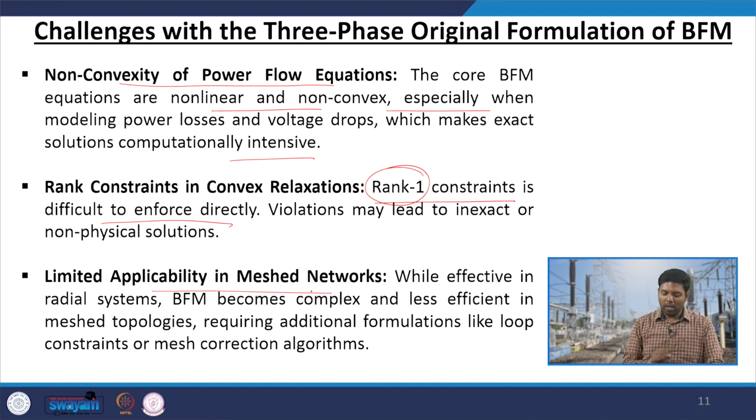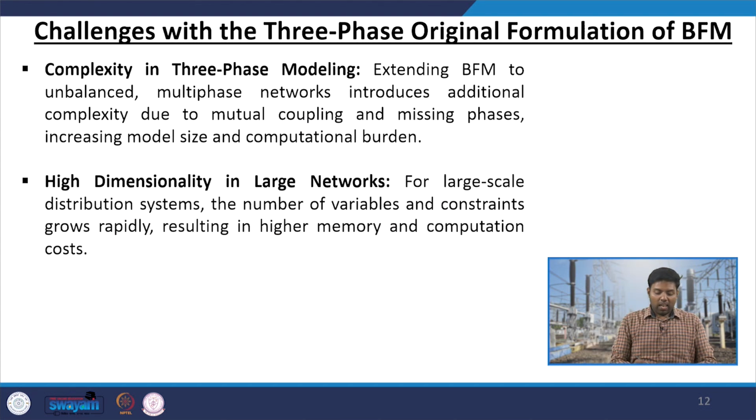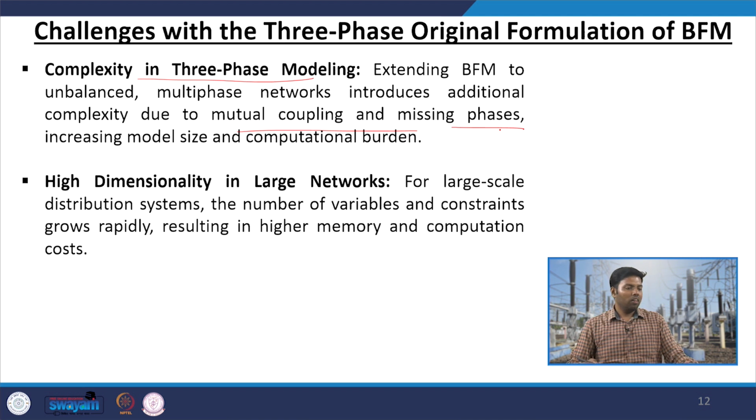Then it cannot be applied for the mesh network, as we already told. Again, it is very complex for a 3-phase system. As you have seen, the size of the problem is already going bigger and bigger, and with the mutual coupling this will become very huge. So, how to deal with this?